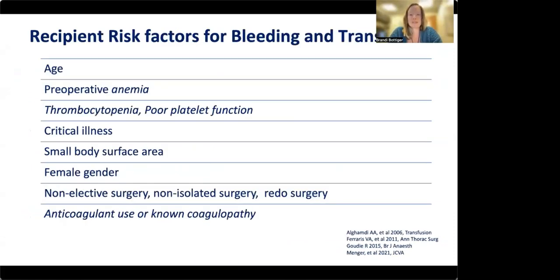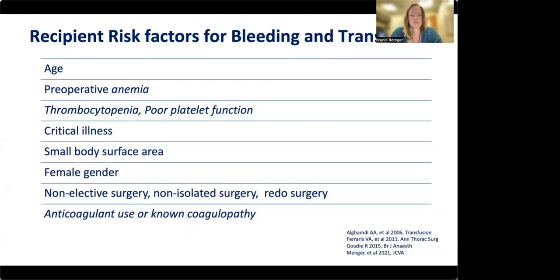What are the recipient risk factors for bleeding and transfusion? Well, firstly, there's age, preoperative anemia, in the presence of that, thrombocytopenia or platelet function, the presence of critical illness or indwelling mechanical circulatory support, small body surface area, female gender, non-elective surgery or non-isolated surgery. Certainly the more urgent the patient and the less opportunity for optimization, the more significant things like bleeding can be.